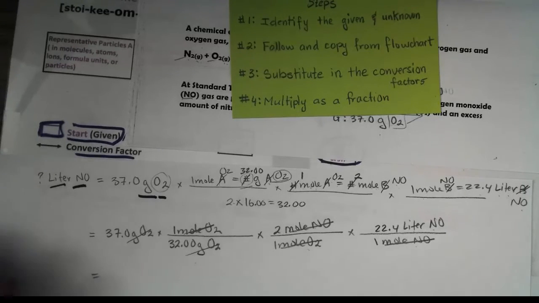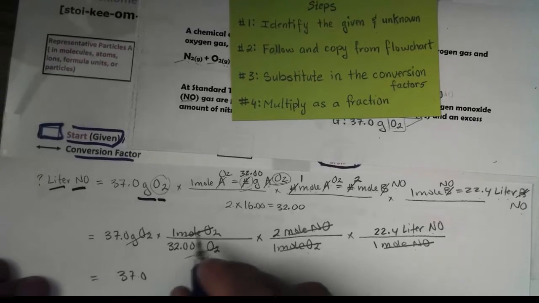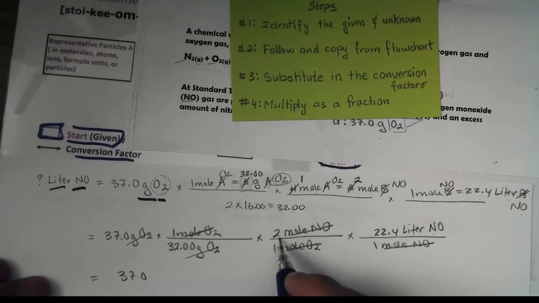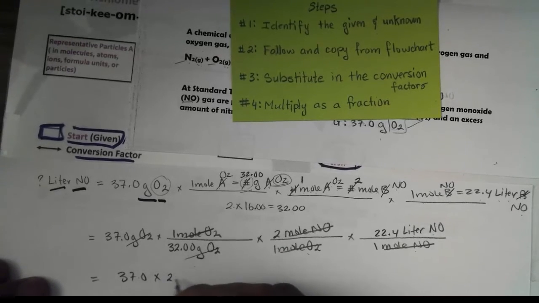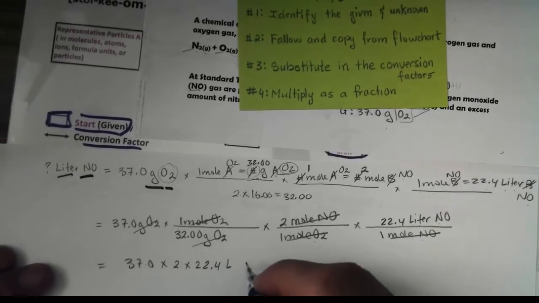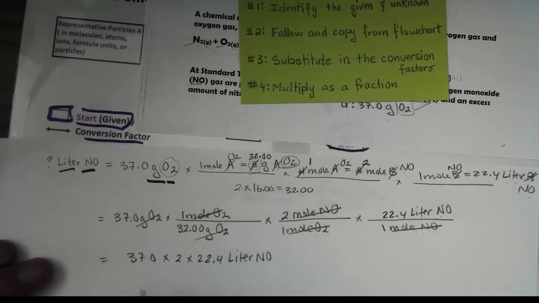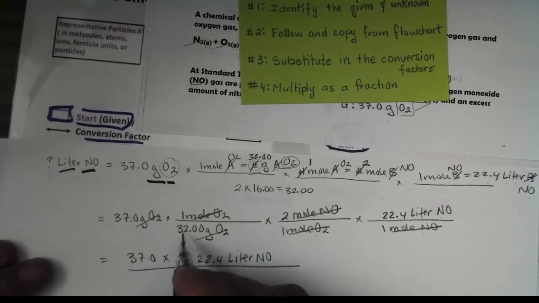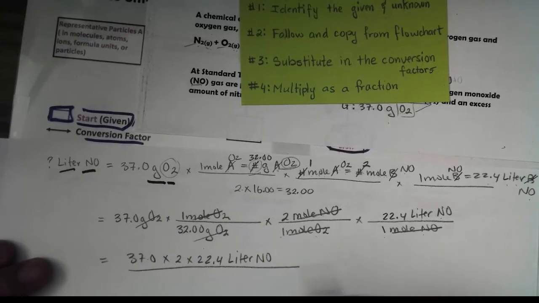And we just have to multiply everything on top, divide everything on the bottom. So we have 37.0 times 1, which we can ignore, times 2 times 22.4 liter of NO, and divide everything on the bottom, which in this case, we have 32 times 1 times 1, and we can ignore those 1s.